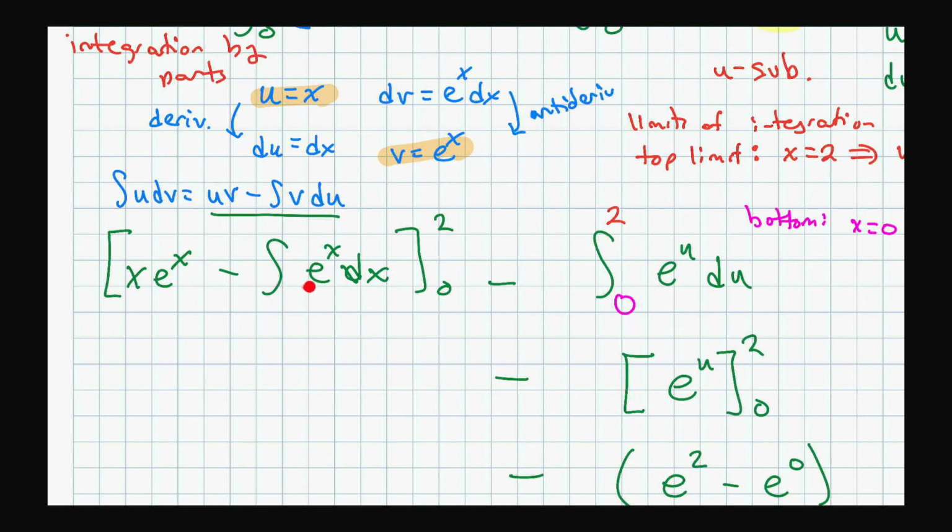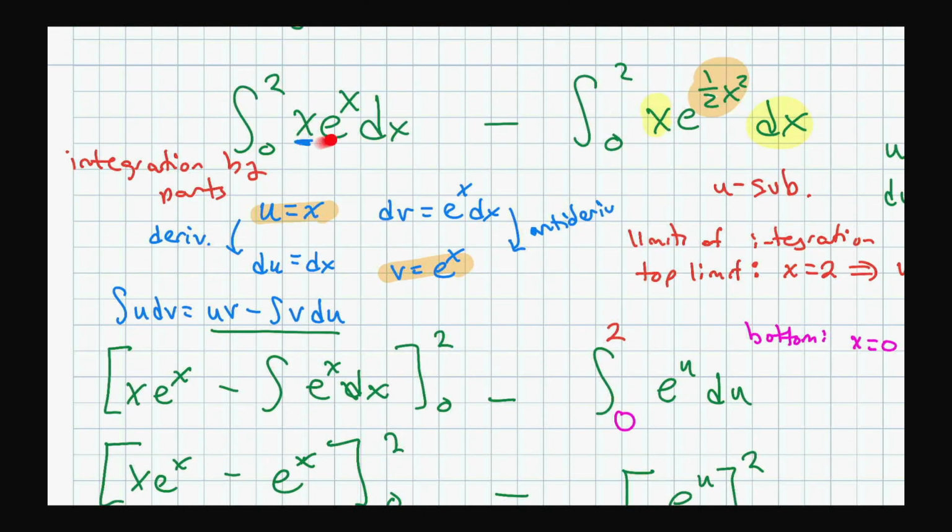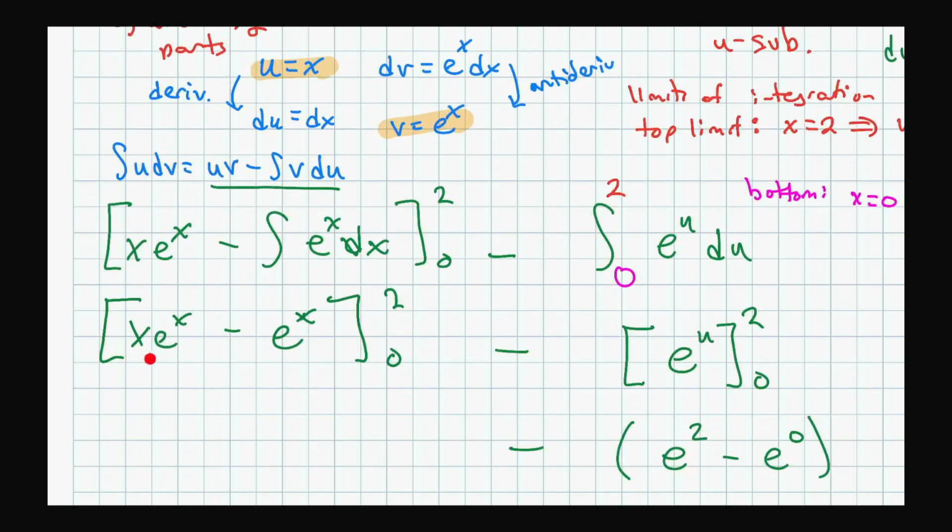So we integrate e to the x dx, we're going to get e to the x. So what we have discovered here is that the antiderivative of x e to the x is x e to the x minus e to the x. And that is something that you could look up, but we didn't.